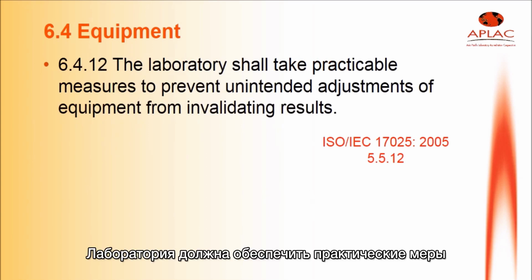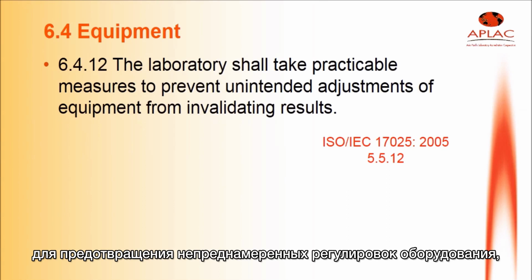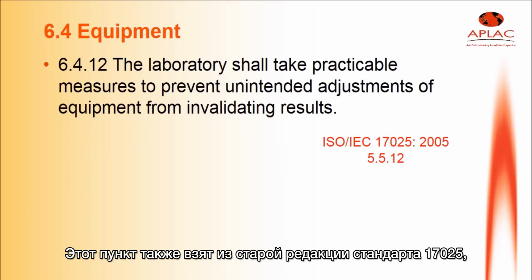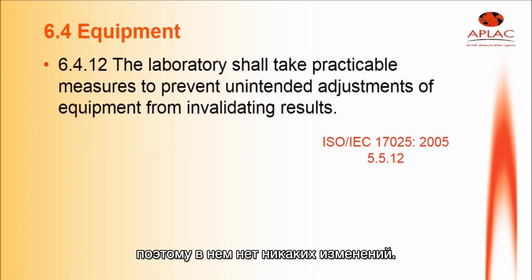The laboratory shall take practical measures to prevent unintended adjustment of the equipment from invalidating results. And this clause comes from the old version of 1725, so there is no change on this.